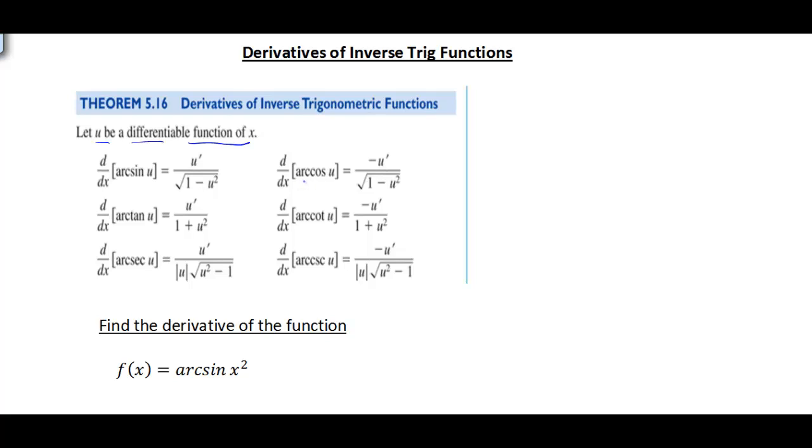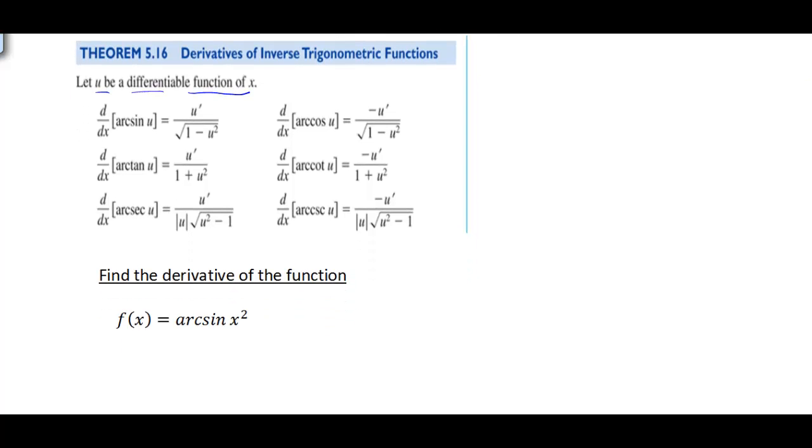And then if we look at the derivative of the arc cosine of u, that's going to be the negative, the opposite of u prime. So you can take the derivative of u and then multiply that by negative over the square root of 1 minus u squared. So you can see here, if you can follow the different formulas, it's very straightforward on how to calculate the derivative. So let's look at several examples here.